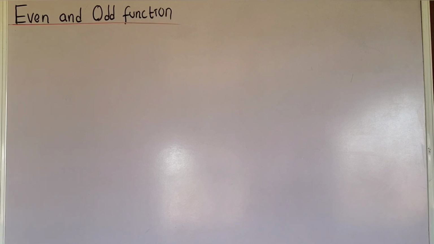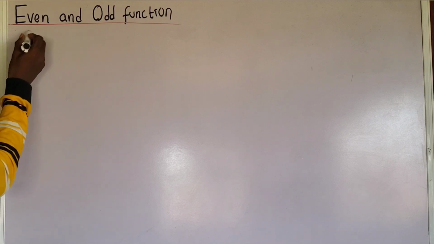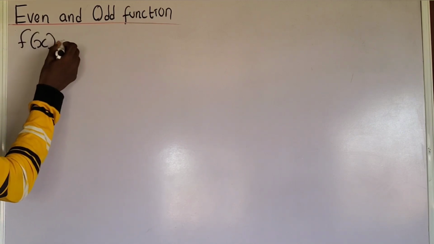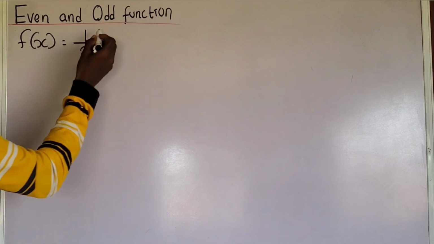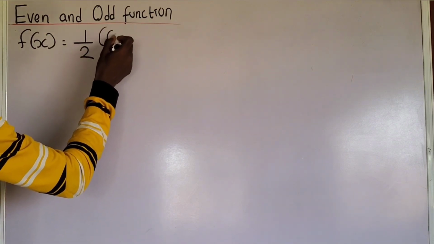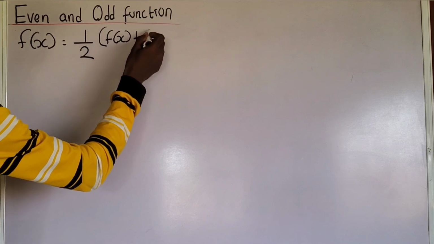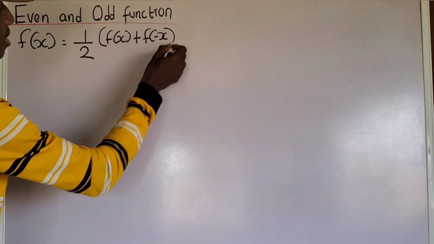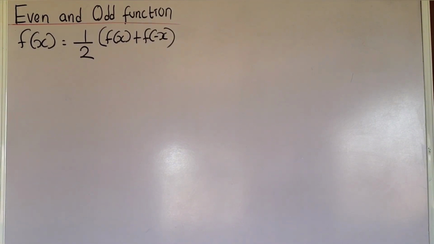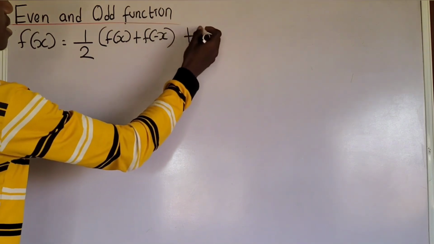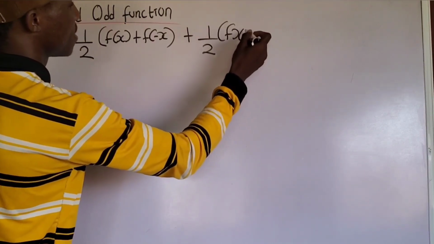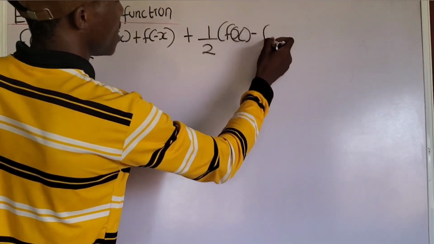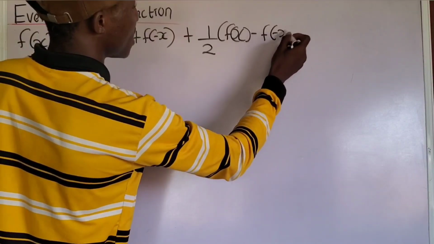Okay, f of x must be equivalent to 1 over 2 times f of x plus f of minus x, you understand, then plus 1 over 2 times f of x minus f of minus x.